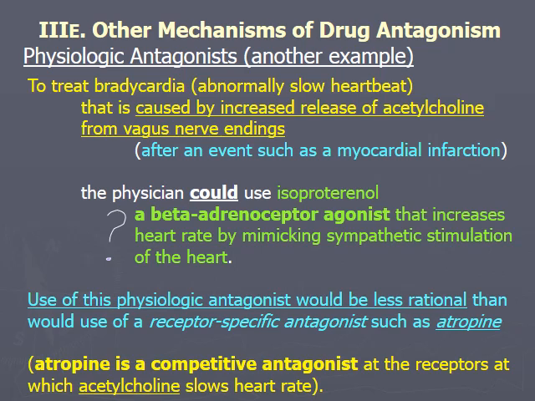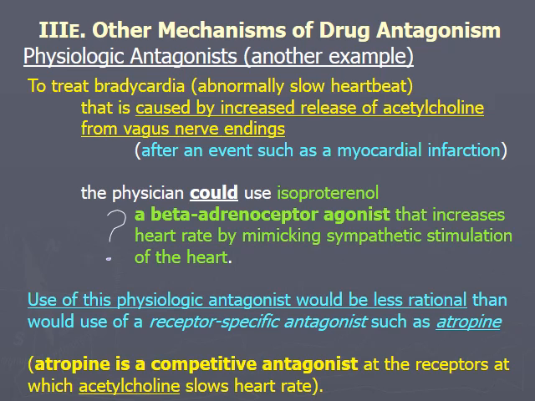The clinician might say, well, let me speed the heart up, using beta receptors. The problem is, I wouldn't advise that because isoproterenol has a very narrow window before it becomes toxic. It's a hard drug to work with because it has high toxic potential. It would be a good example of a physiologic antagonist because it's a totally different receptor that has an opposing effect.